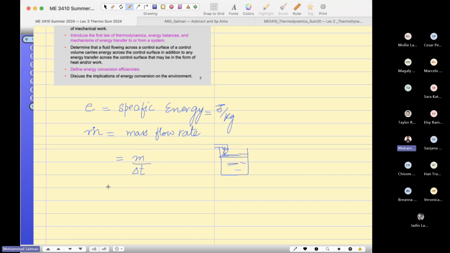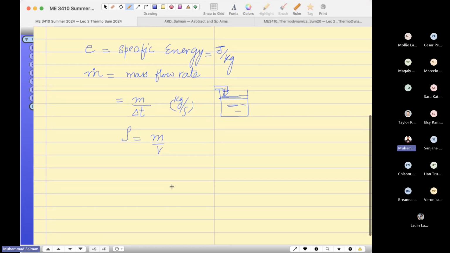If I say mass flow rate, the unit is kilograms per second. Do you remember the density? The density formula is mass per unit volume. It can also be written as mass flow rate per volume flow rate, and volume flow rate is volume per unit time.